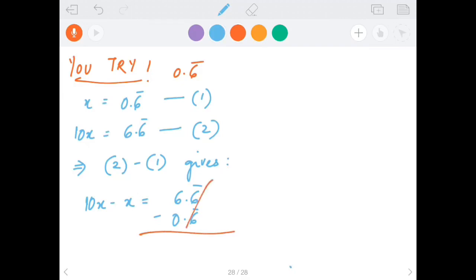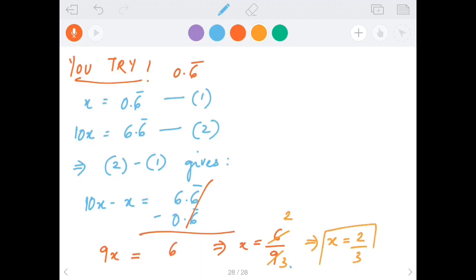So that is going to give me 6. I have 9x on my left hand side. So x becomes 6 by 9, which has to be further simplified to give me 2 by 3. Always remember, your numerator and denominator must be co-prime to one another. There you go.